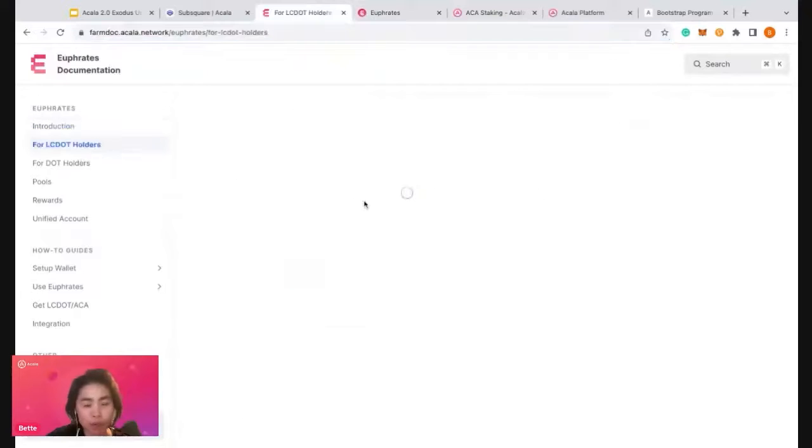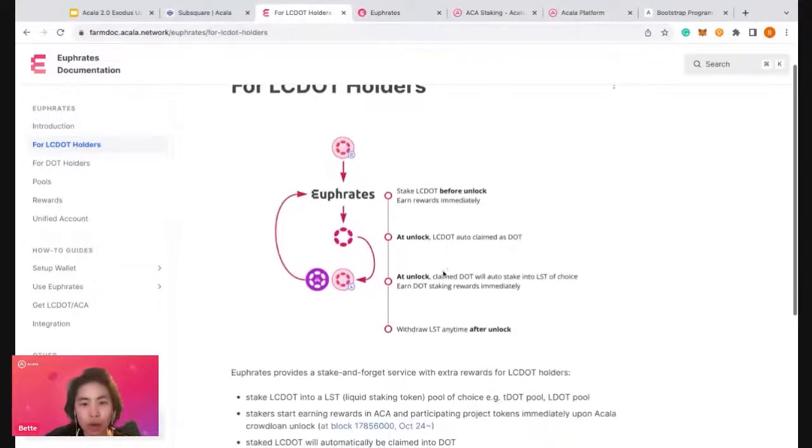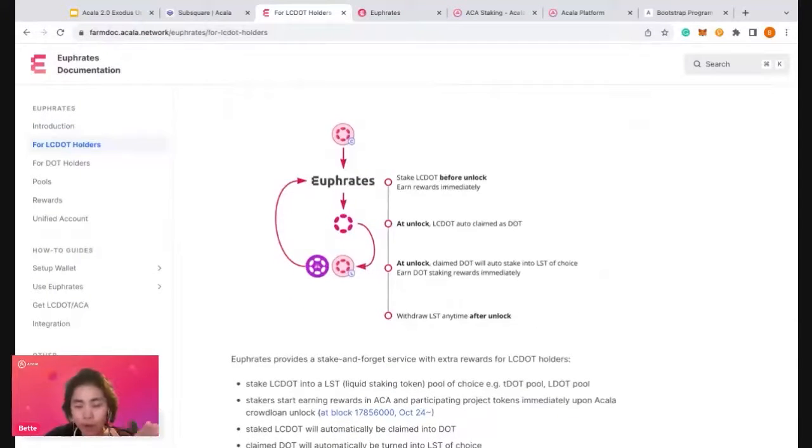At the moment, the DOT hasn't been unlocked, right? So behind LCDOT is basically DOT locked in a crowdloan. And for those who stake your LCDOT, you save yourself the manual step, right? When the unlock happens, the LCDOT will be automatically claimed as DOT and come back from Polkadot automatically for you.